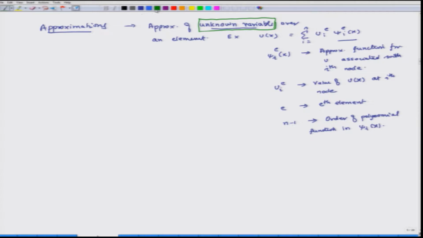But then we make another approximation, and that is approximation of geometry.